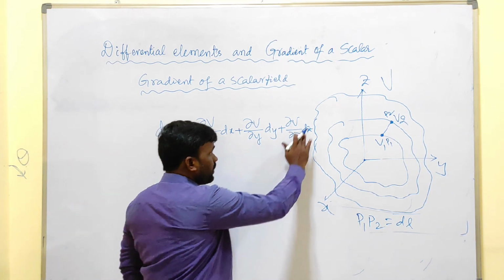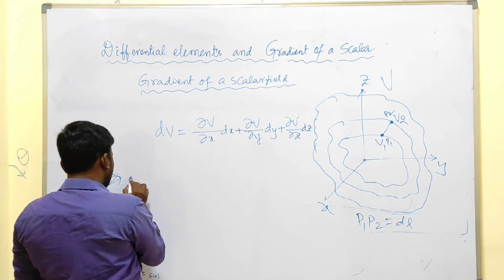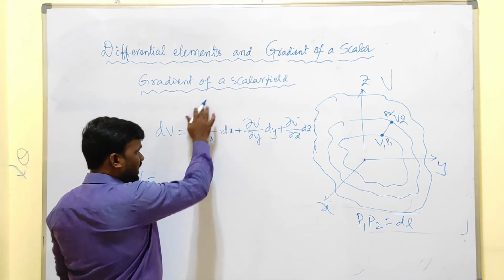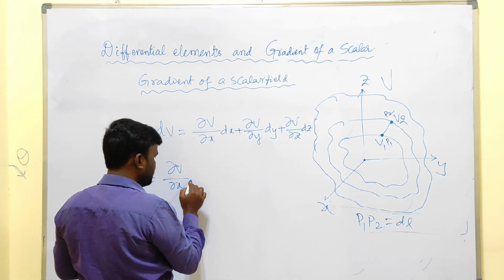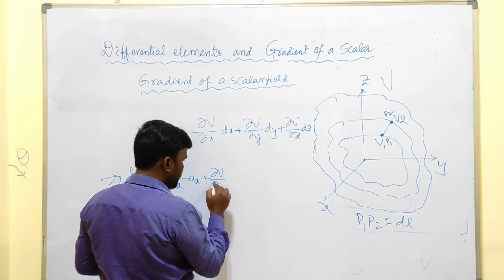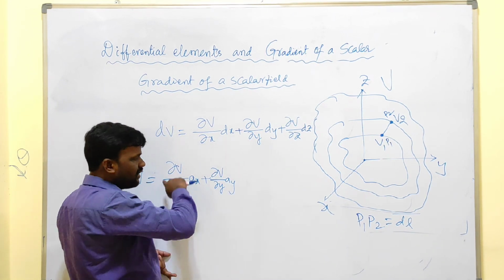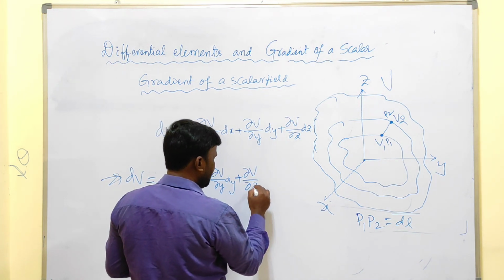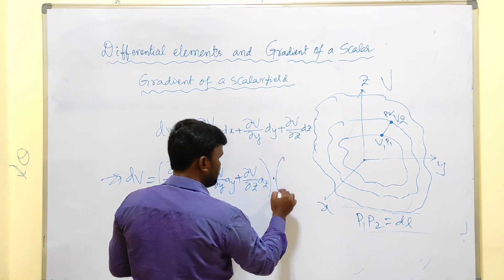Now I can write this by using a vector dot product. In vector dot product form I can separate these things like this: dou V by dou X along the x direction, I am taking ax; along the y direction, dou V by dou Y ay, means I am changing this into a vector notation; plus dou V by dou Z az, into dot.